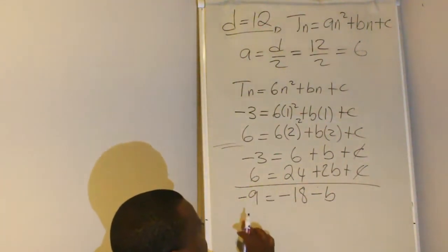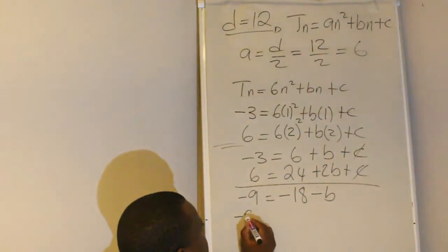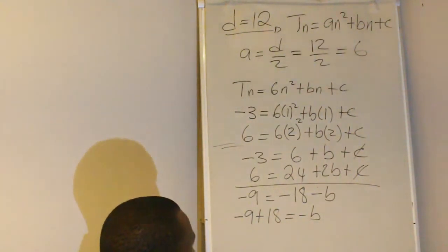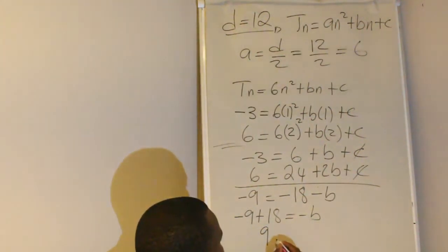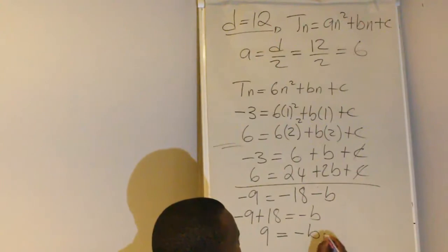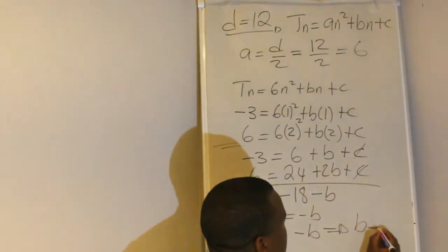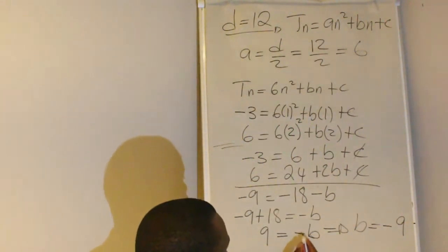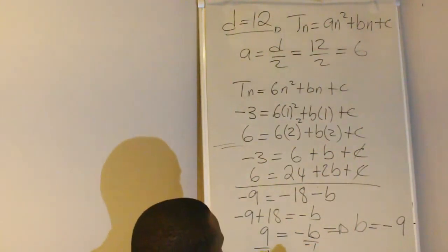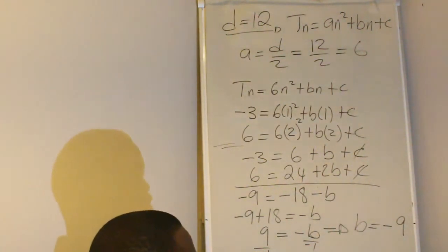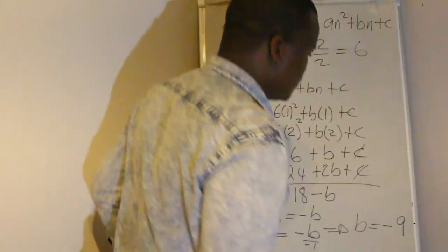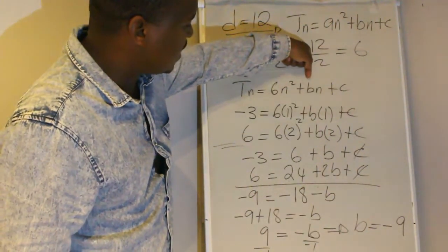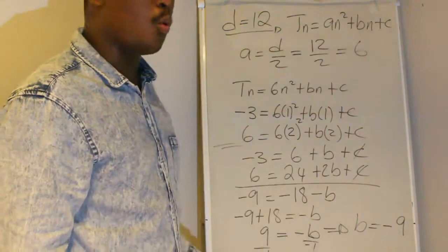So you take this to the other side: -9 plus 18 is equal to -b, which gives 9 is equal to -b, which means that b is equal to -9. Divide by -1 on both sides, and that gives you -9. So now you have the second coefficient of this equation. Now you're left with one.